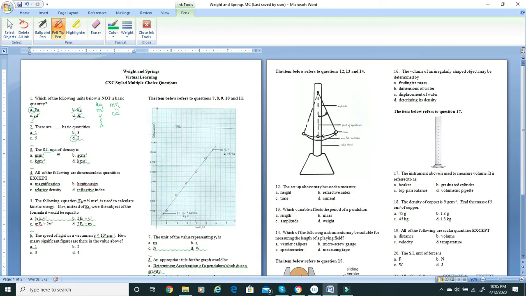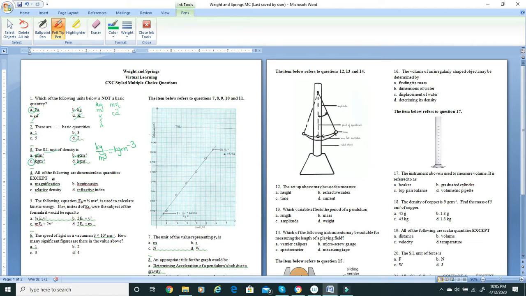So the SI unit for density is actually kilograms per meter cubed, written the other way as kg m to the -3. So A is not, B is not it. So we have grams gone. And then this one is not, the 3 is not negative. This one, C, the 3 is negative.